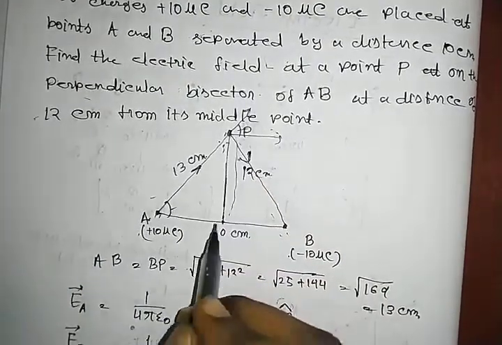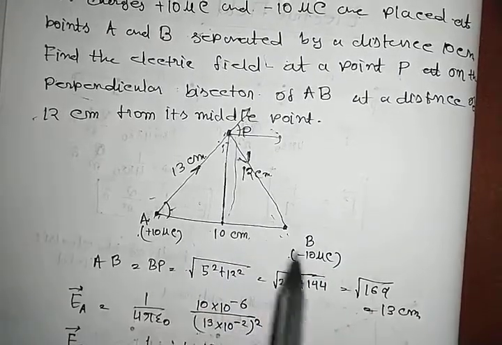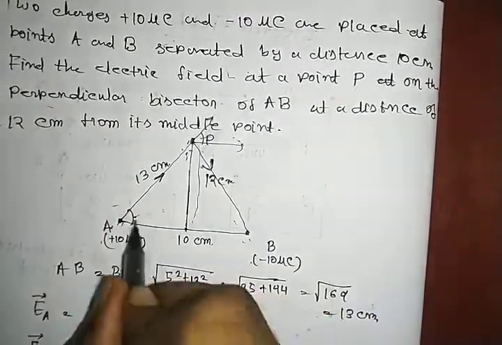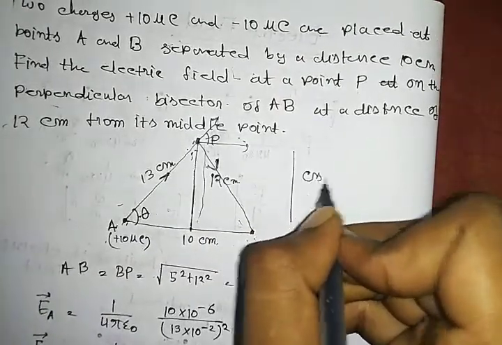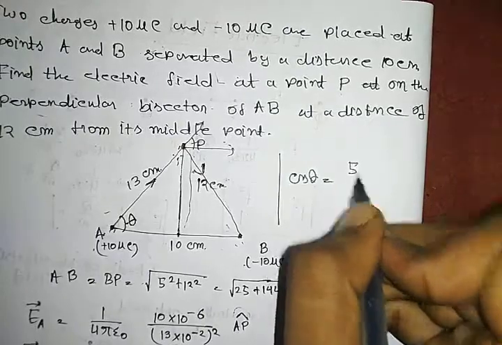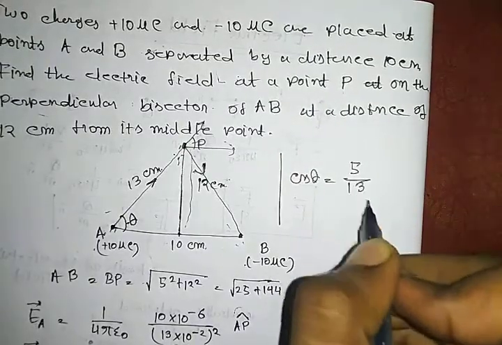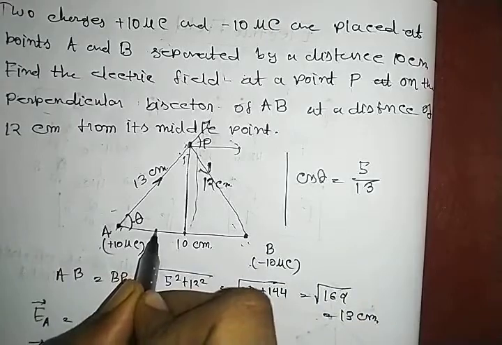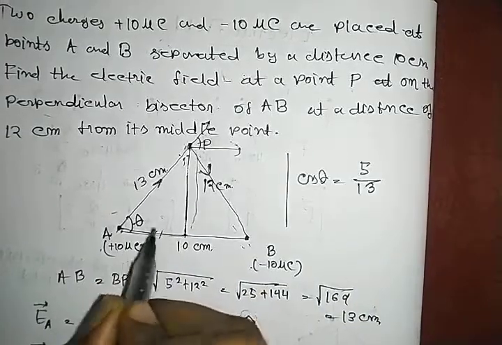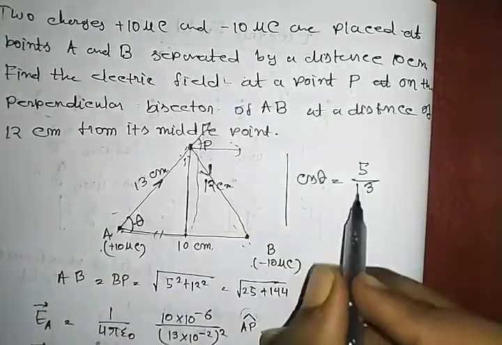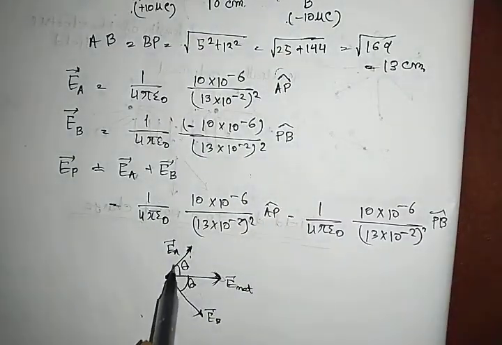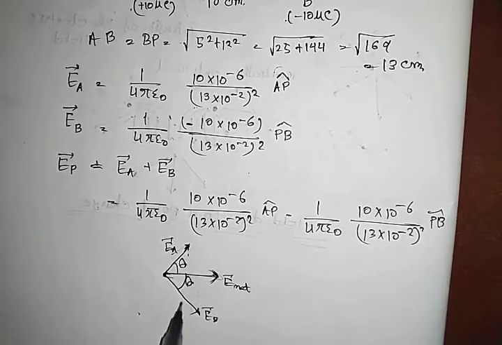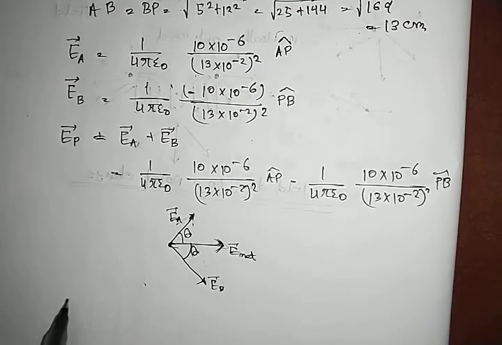So we can find cosine of this angle, because this is 5 centimeters and this is 13 centimeters, so cos theta is 5 by 13. The projection of EA along the bisector will be EA cos theta, and that of EB along the bisector will be EB cos theta.